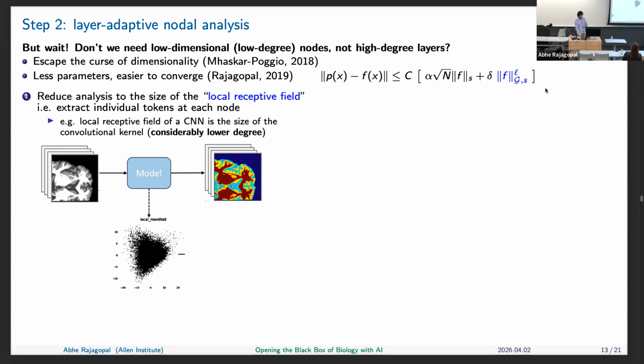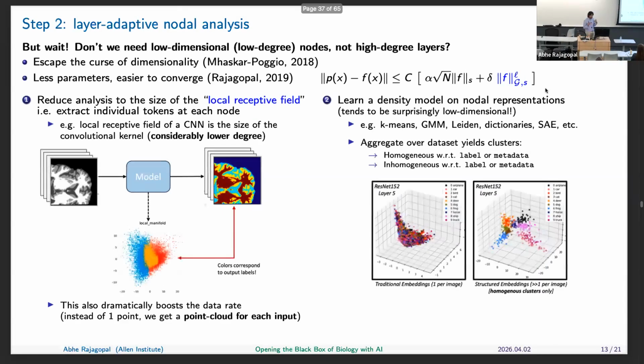And this is really important and maybe hints at why convolutional networks and transformers are so effective. It's because you get this massive boost in the number of data points that are used to train these nodal functions. Same nodal function, now applied on thousands of data points. And so, of course, you can color them. But importantly, because there's more structure in the space and you have this data rate boost, you can train local density models that work really well.